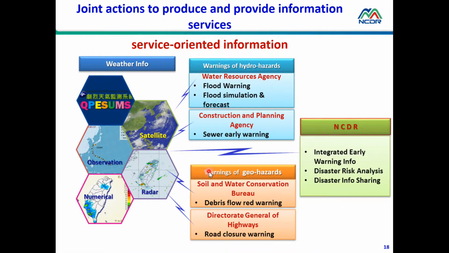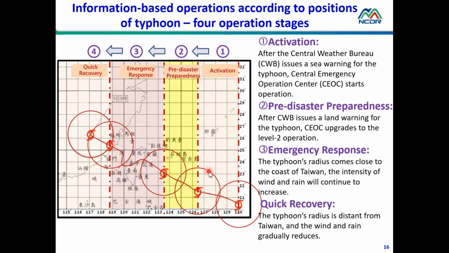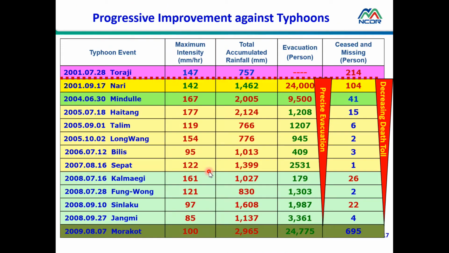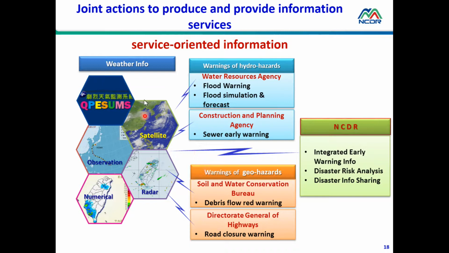So how do we have joint operation based on this chart? This will give you an explanation. Weather information is our primary information source. They provide a lot of systems, images, readings, even some numerical output. So we divide into warning of hydro hazard and warning of geo hazard.